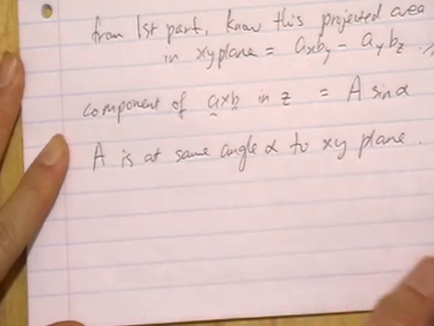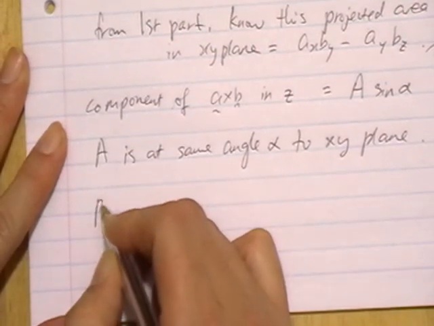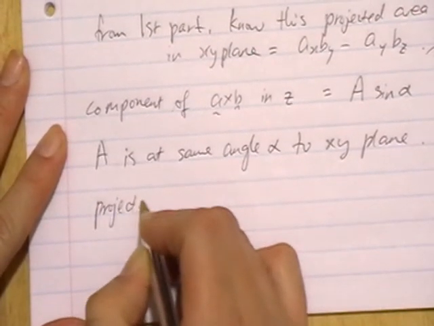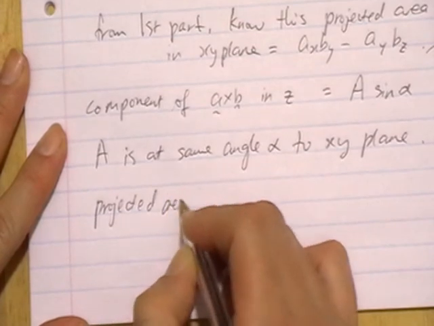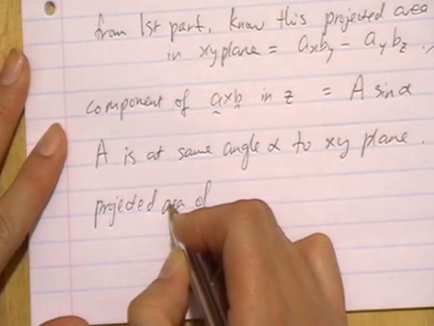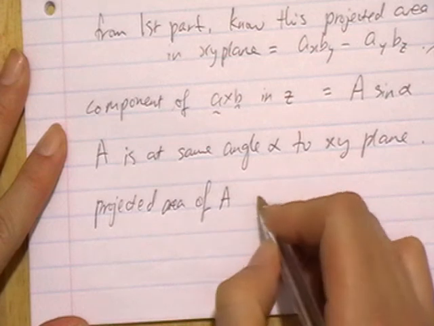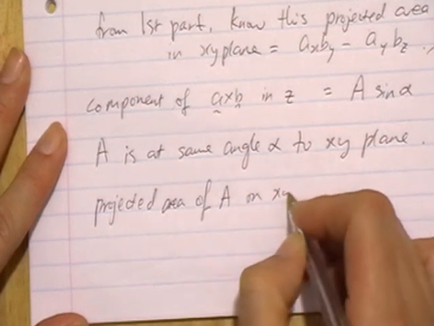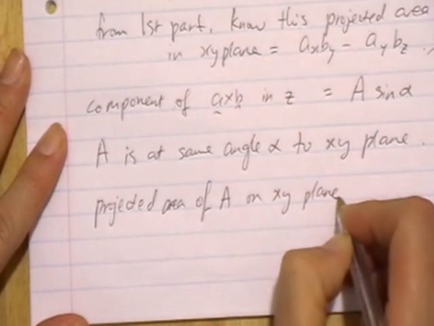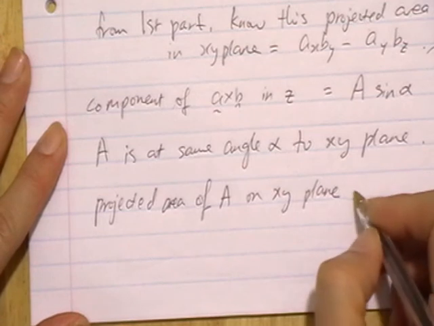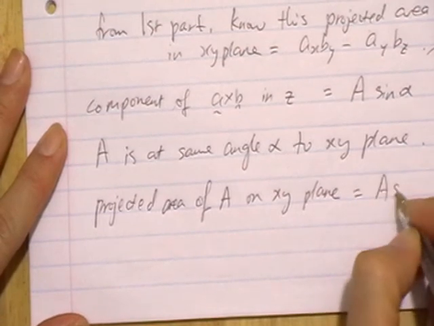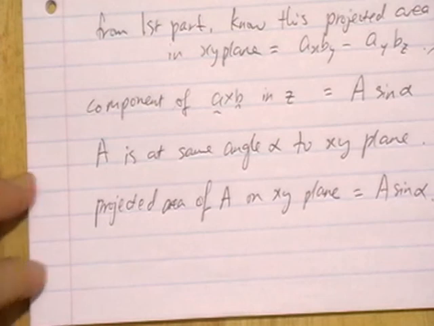So therefore, we have the projected area of A on the xy plane is equal to A sine alpha.